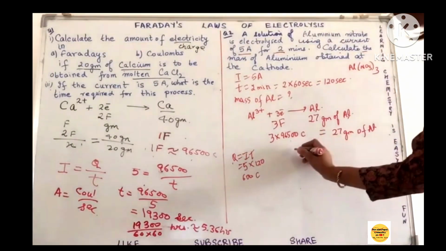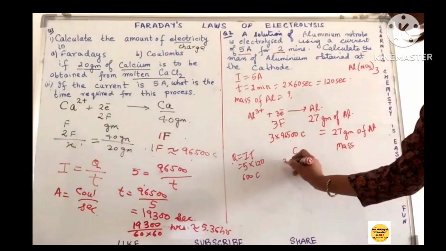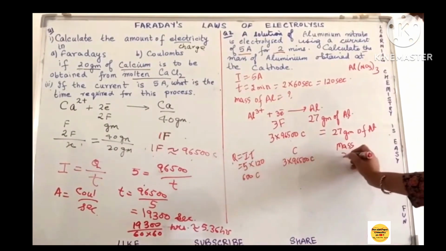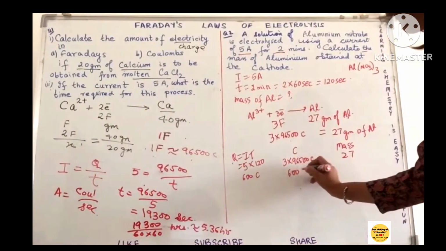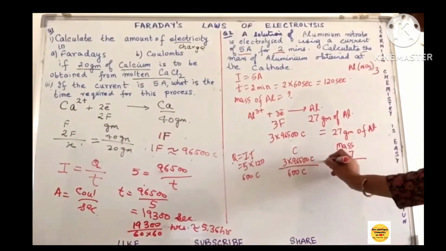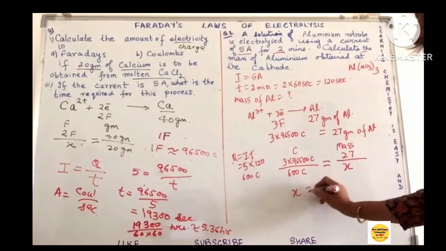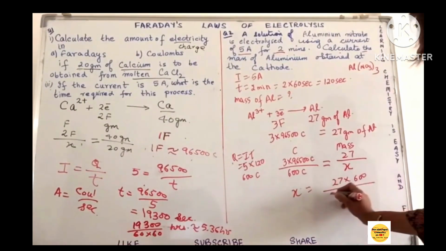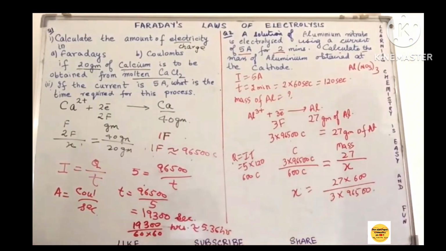Again, just apply the unitary method, coulomb and mass. So 3 into 96500 coulombs gives you 27 grams of aluminium. So 600 coulombs will give you how many grams of aluminium? Just unitary method. So X is 27 into 600 upon 3 into 96500.